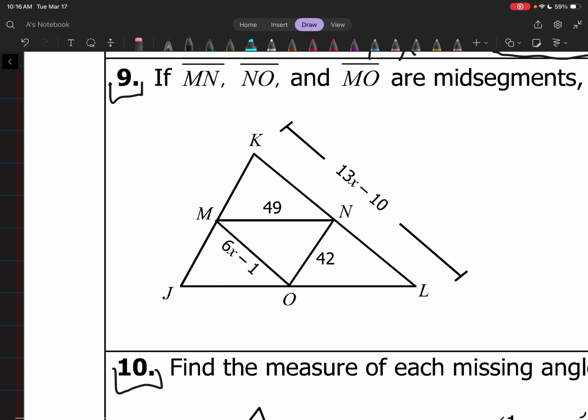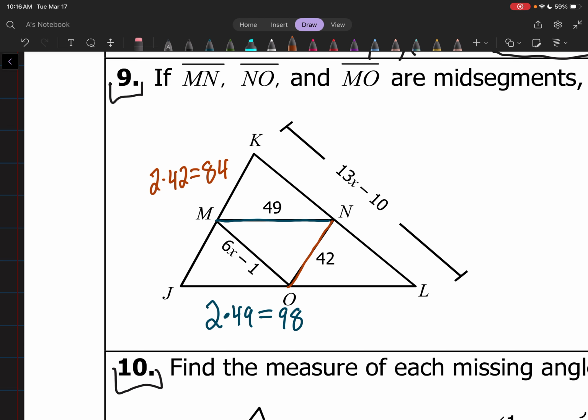Because we have midsegments, I can find the length of JL by doing 2 times 49, which is equal to 98. I can find KJ by doing 42 times 2, which is 84.